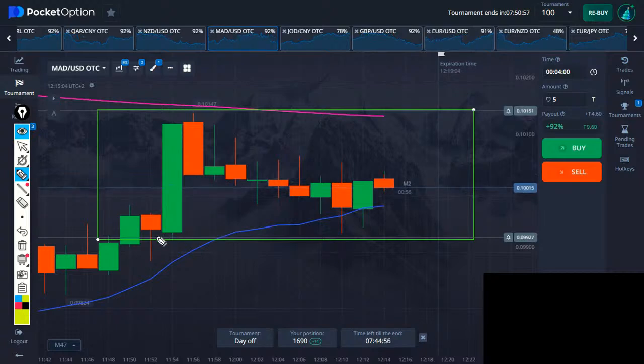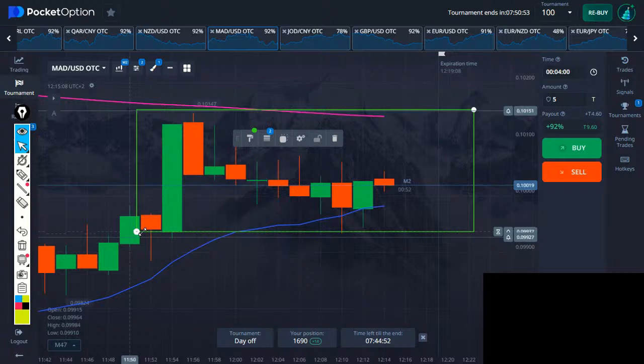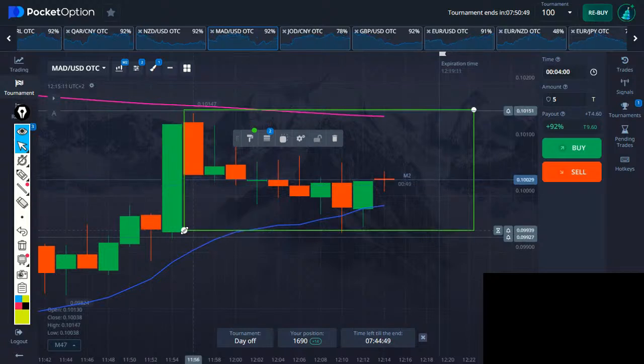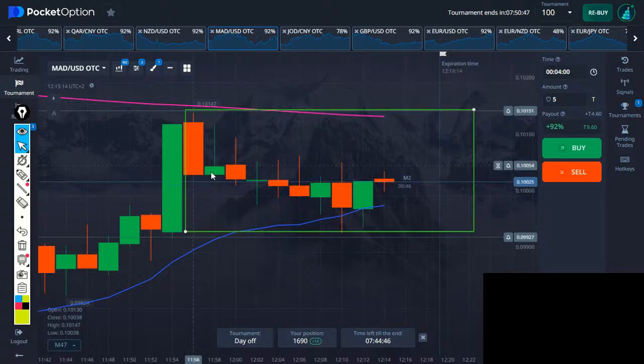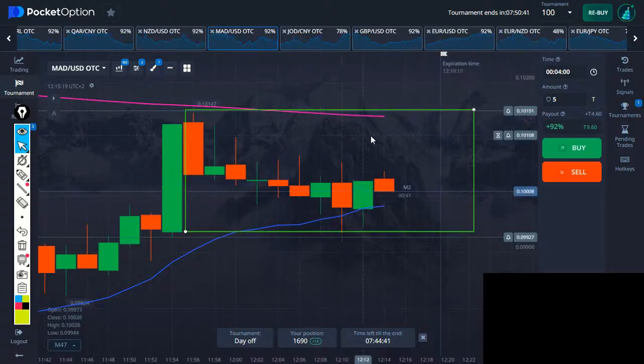Now I can adjust a little bit my rectangle. Okay, so this is my line for now. 1, 2, 3, 4, 5, 6, 7, 8, 9. We have 20 minutes of data. Perfect.